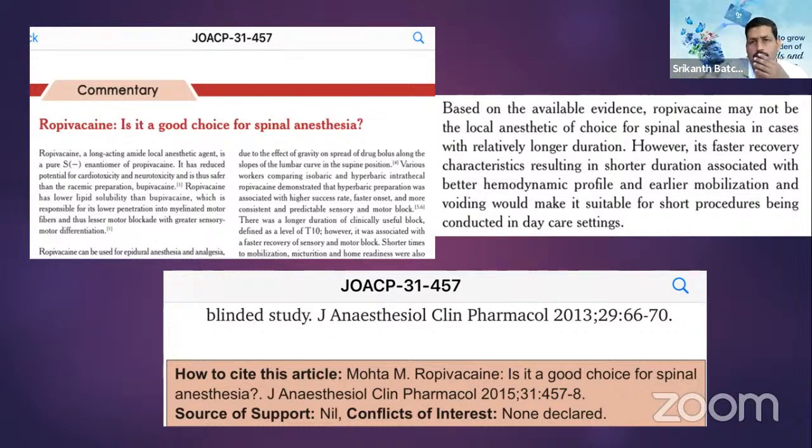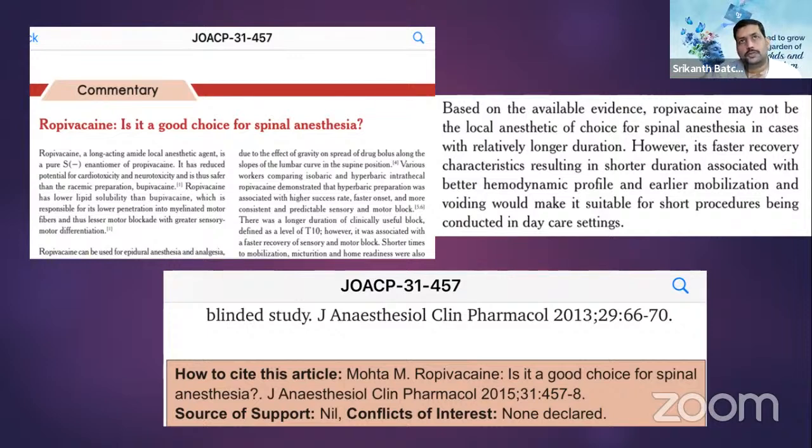So with the 1:1.5 dosage, when they compared, they found similar efficacy, which is why the 0.75% hyperbaric ropivacaine fares well compared to the previously used 0.5% isobaric spinal ampule.